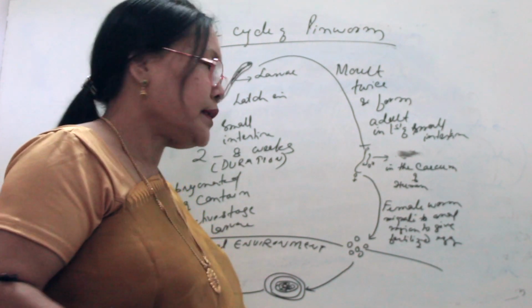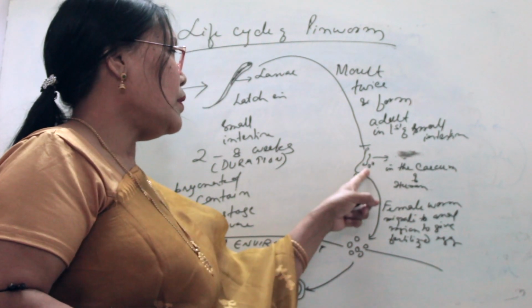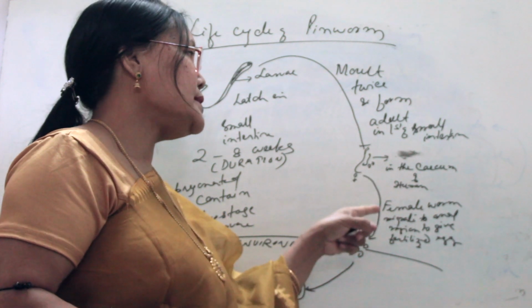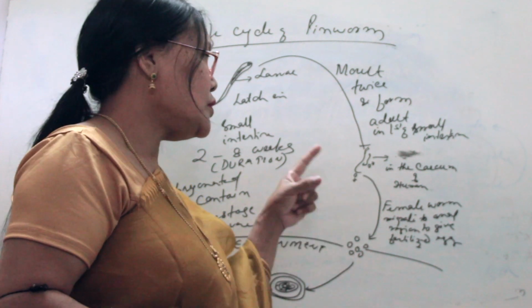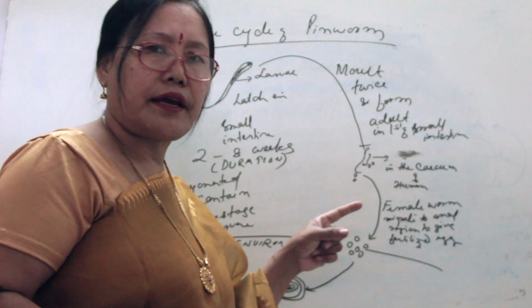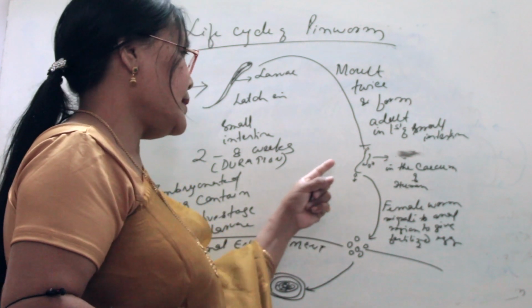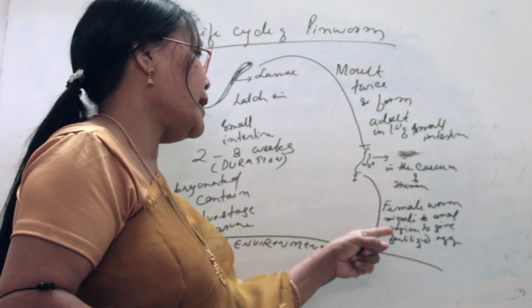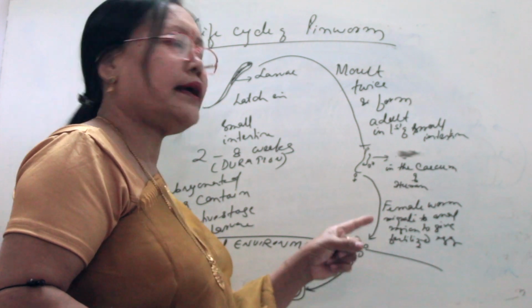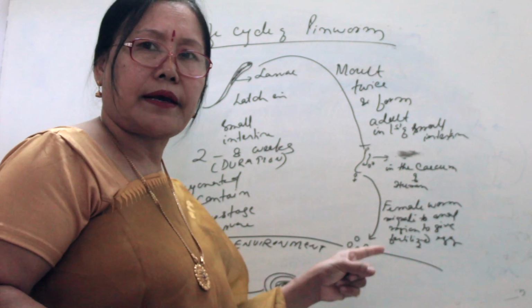I repeat again. The male and the female worm inhabit the cecum or anal region of the gastrointestinal tract. After fertilization, the female worm migrates to the anal region and gives out fertilized eggs.